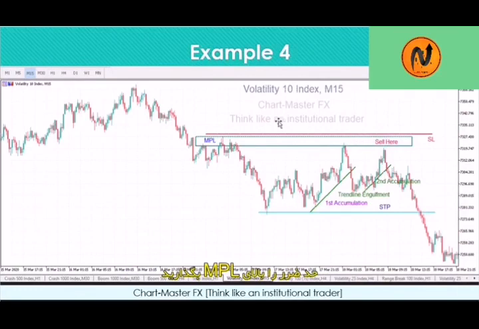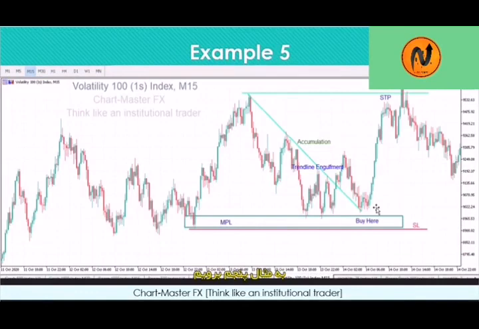You put your stop loss above the MPL, and the price was able to drop to the area where we were anticipating our first take profit, and our first take profit was hit here, guys. So that's it here on volatility 10 index M15.